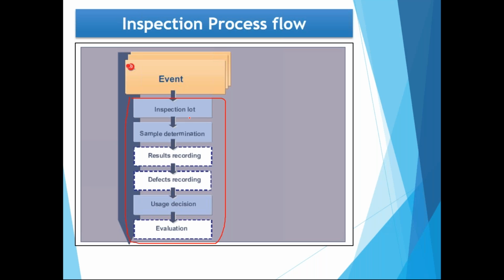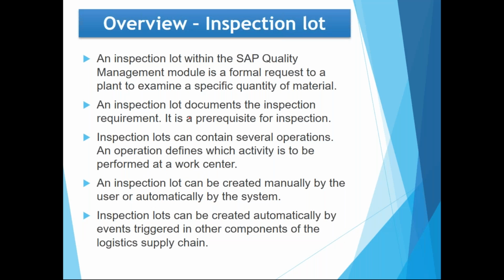Okay, first we will start with inspection lot. An inspection lot within the SAP quality management module is a formal request to a plant to examine a specific quantity of material. So what does inspection lot mean? Inspection lot is a request given to the quality department people to examine a particular quantity of a material, nothing but quality testing.